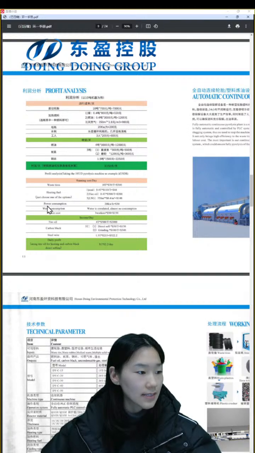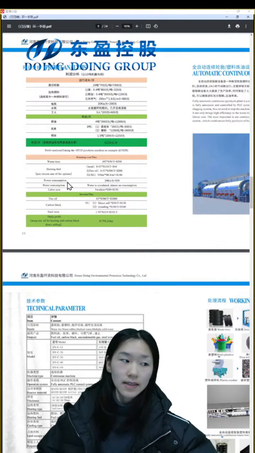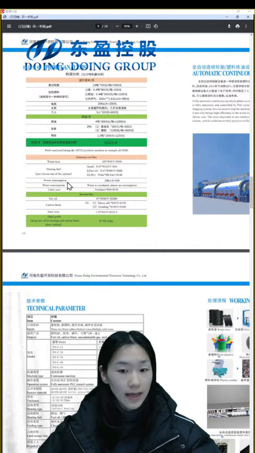Okay, we can see power consumption. This is electricity. Our 10 tons per day machine uses 20 kW per hour.